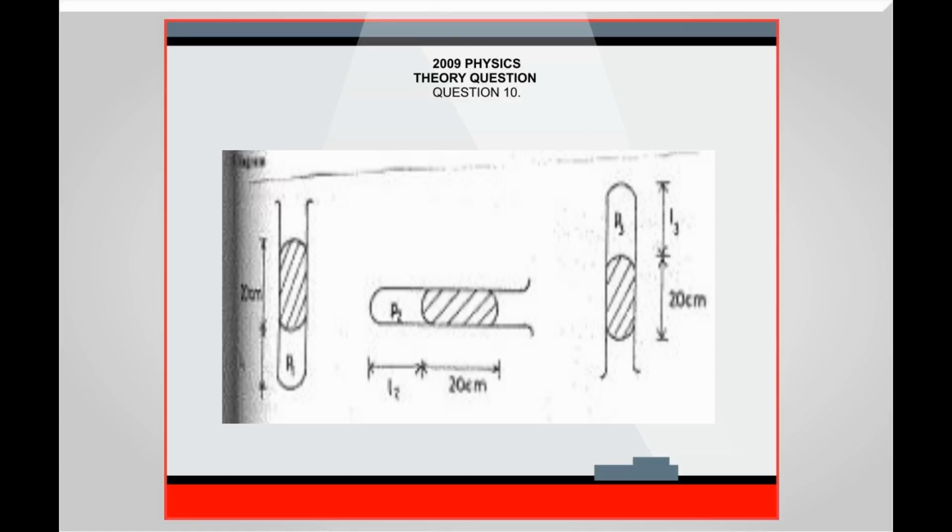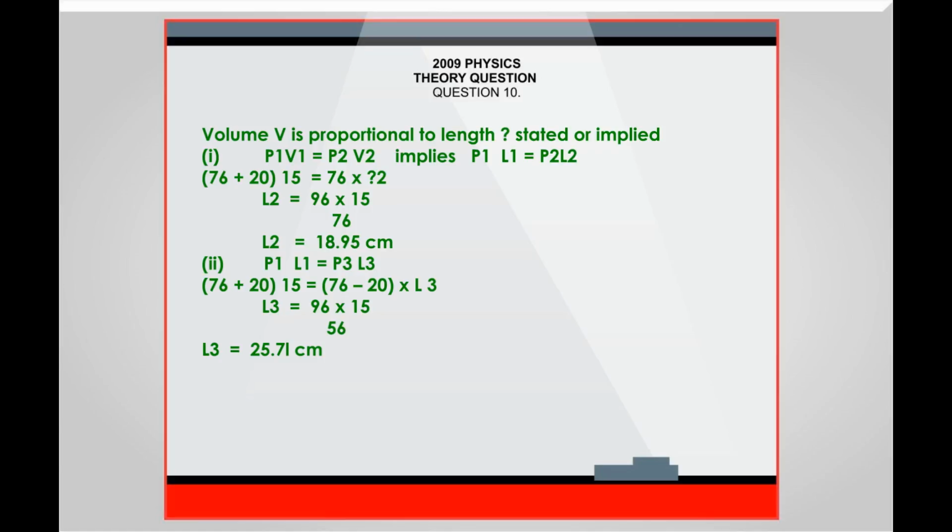Solutions. D. Diagram. You can see the diagram on the screen. Volume V is proportional to length L, stated or implied.